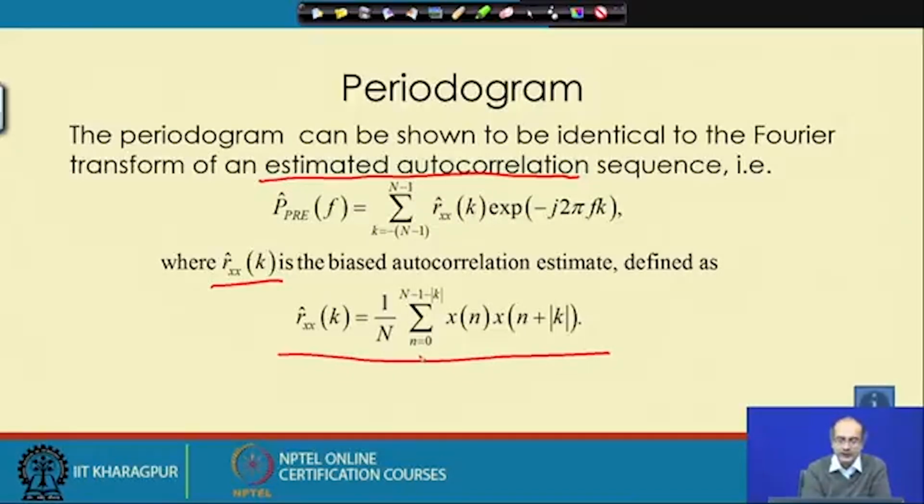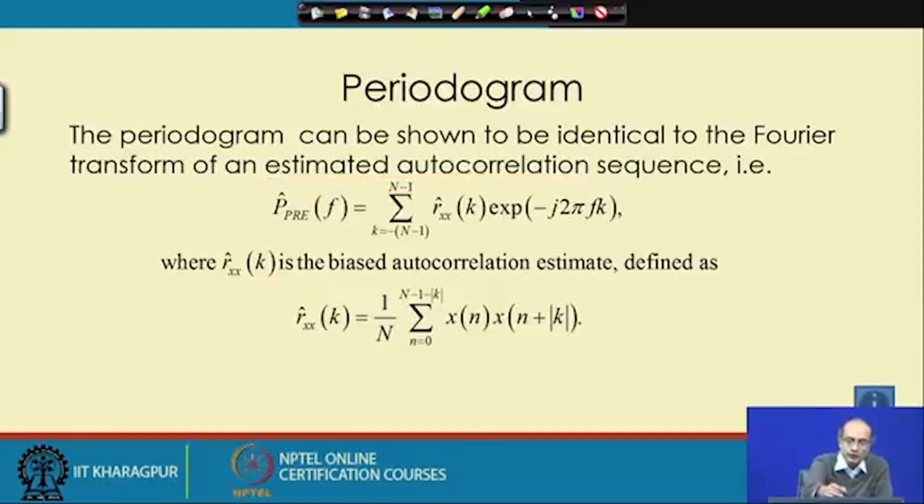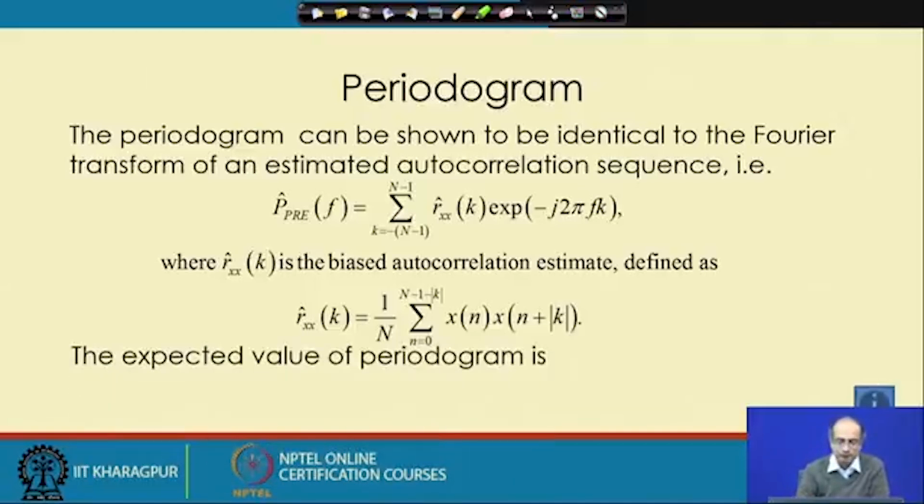It does not remain the same, whereas this scaling term remains constant at 1 by n. So, we do not actually get the real value.